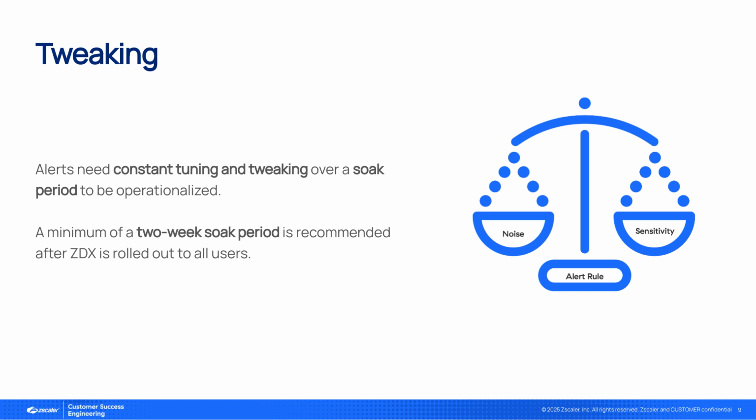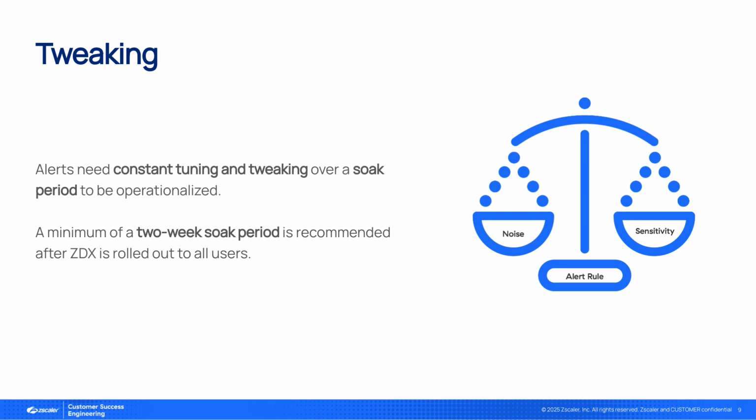Finally, it's important to understand that alert rules that are configured to be too sensitive will trigger too frequently to be useful, whereas alerts that are not configured to be sensitive enough will not trigger when needed. Configuring useful alerts by getting the right balance between alert noisiness and sensitivity is the most important part of building useful alerts.